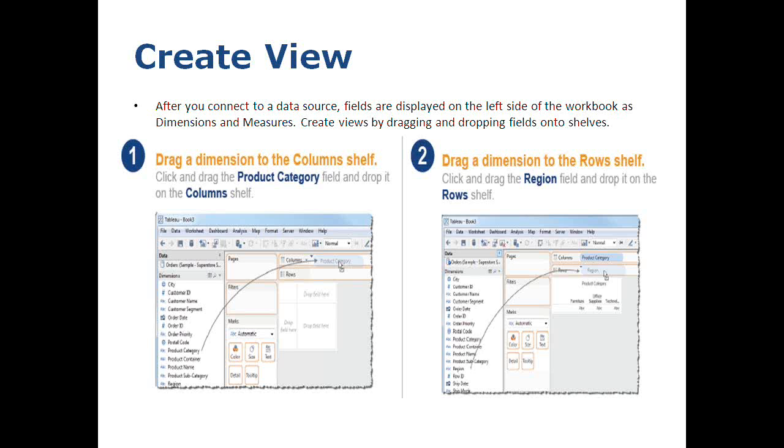Yesterday we connected to the employee database. Employee ID is not a measure, but it is numeric in nature. That's why Tableau identified employee ID as a measure, but other things like first name, last name, department, everything as a dimension. But it's not true, right? Employee ID cannot be measured.